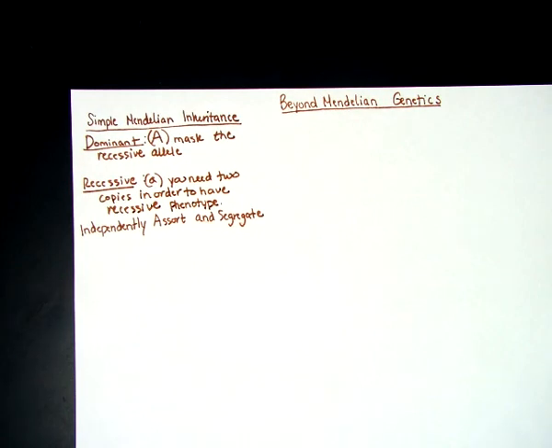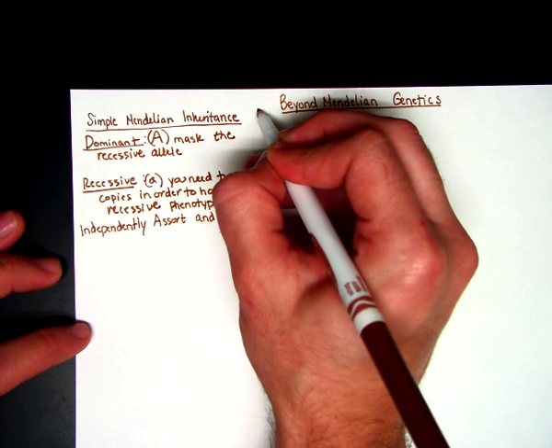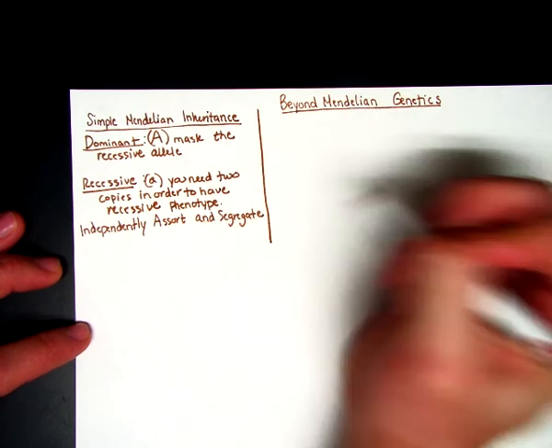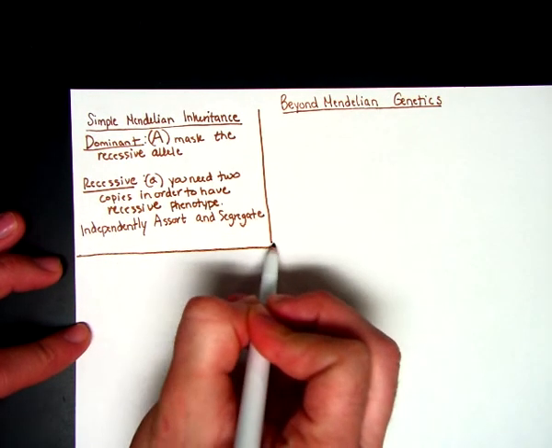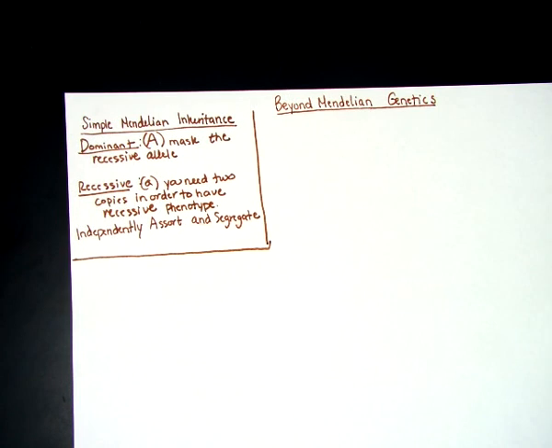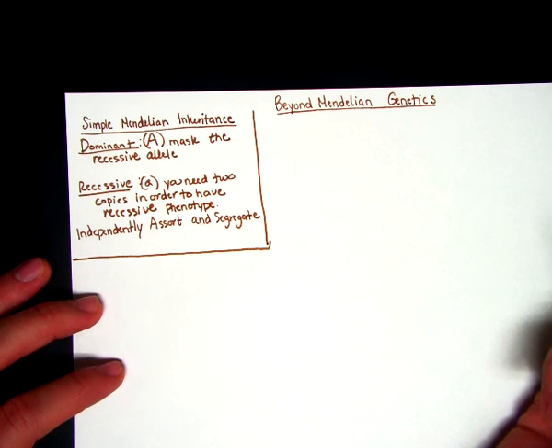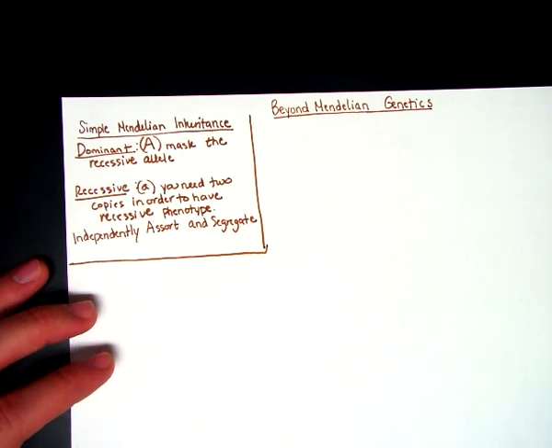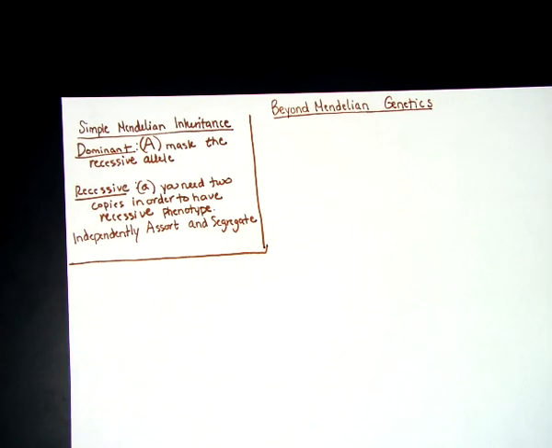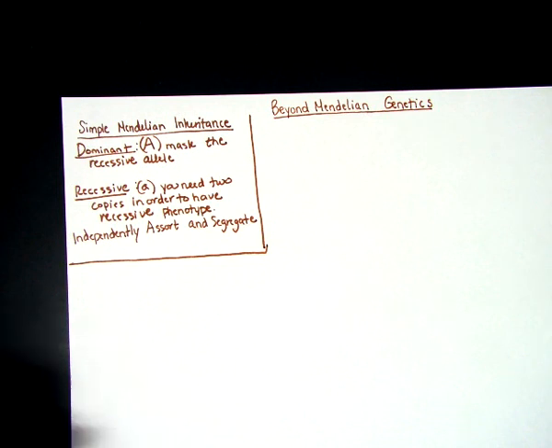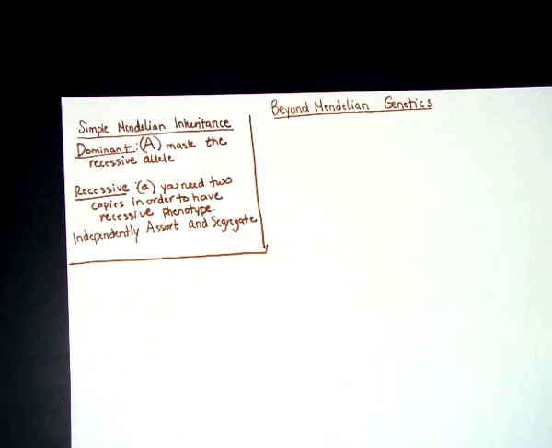That's what we've been talking about, but it turns out that there's a lot more to this picture of inheritance than Mendel originally suggested. So that's why we were titling this Beyond Mendelian Genetics. So the first thing that somebody else noticed was that there are genes that actually don't follow this idea of independent assortment and segregation because they're located on sex chromosomes.